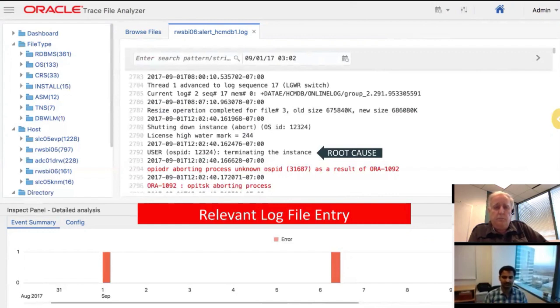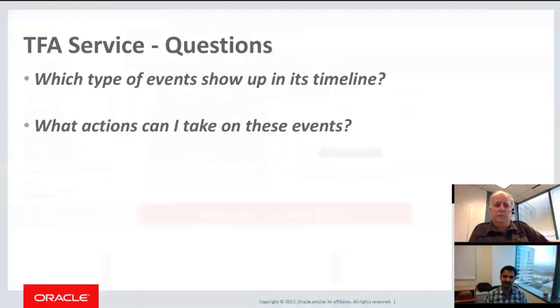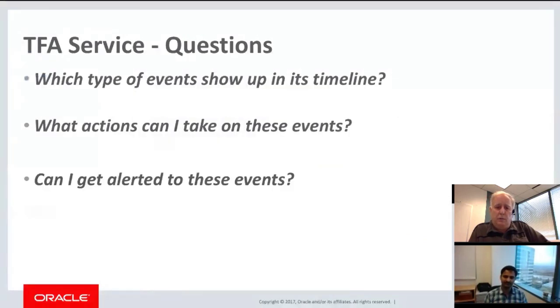Right. Well, that looks very useful. So based on that, can I get alerted to these events to go look for them? Yes. So again, with the TFA collector, we use the same alerting capabilities we have in TFA collector.